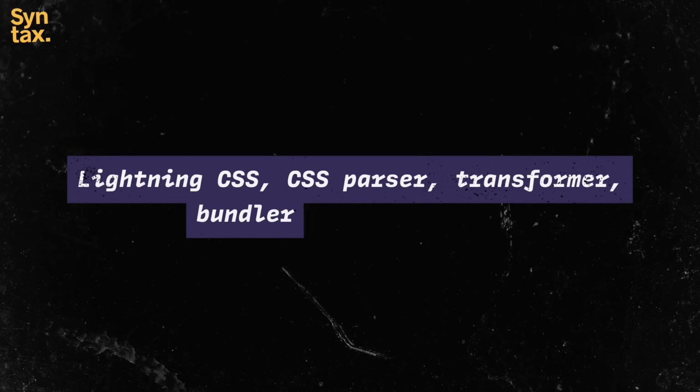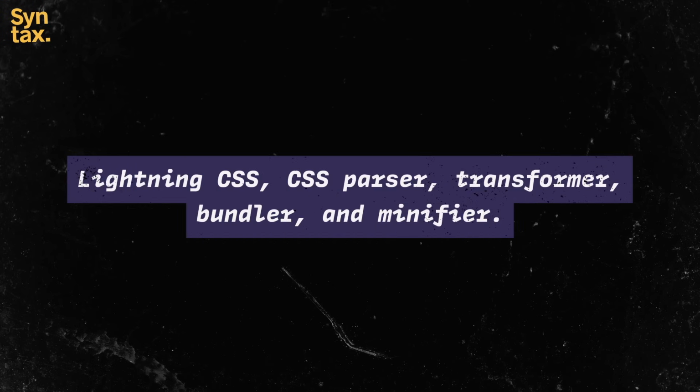Another one I'll say is Lightning CSS. We've talked about this a few times on the show. This is from Devon Govett, creator of Parcel, creator of all the React Aria, pretty much everything. We should get him on the show at some point. So Lightning CSS is his CSS parser, transformer, bundler, and minifier.